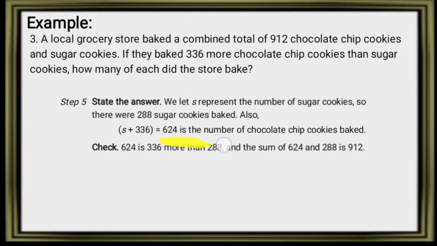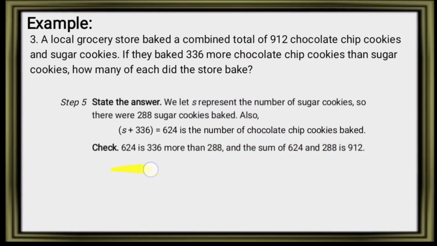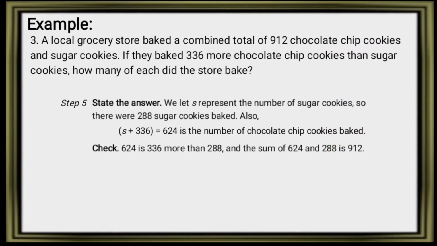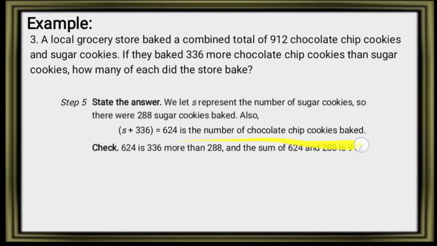So, 624 is the number of chocolate chip cookies baked. Okay? So, to check, 624 is 336 more than 288. And the sum of 624 and 288 is 912. Okay? Again, our final answer is there are 288 sugar cookies baked and 624 chocolate chip cookies baked.